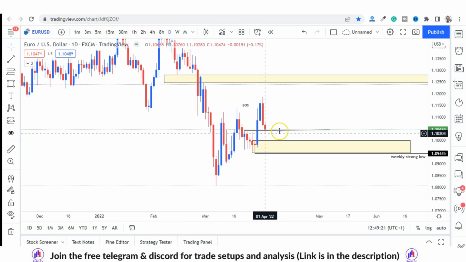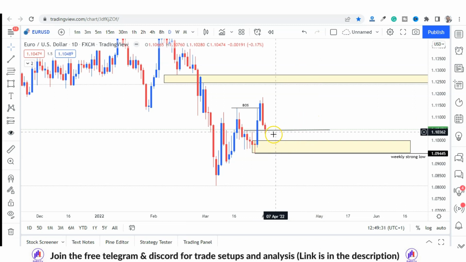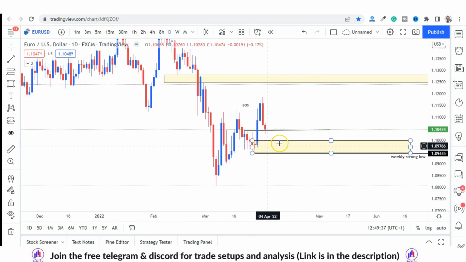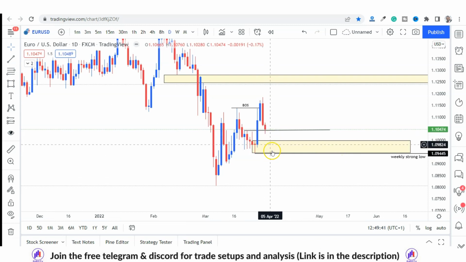I do not need to wait for price to get there if I see what I'm looking for here, because sometimes price may not touch this before it moves up. So you have to be alert and aware that this can happen from here up. But to have a better price, we wait for price to come down to the very low discount level.